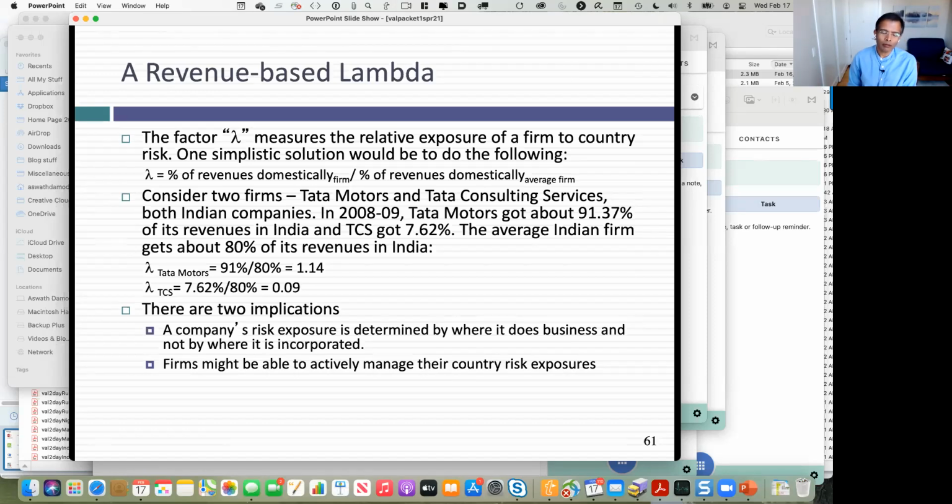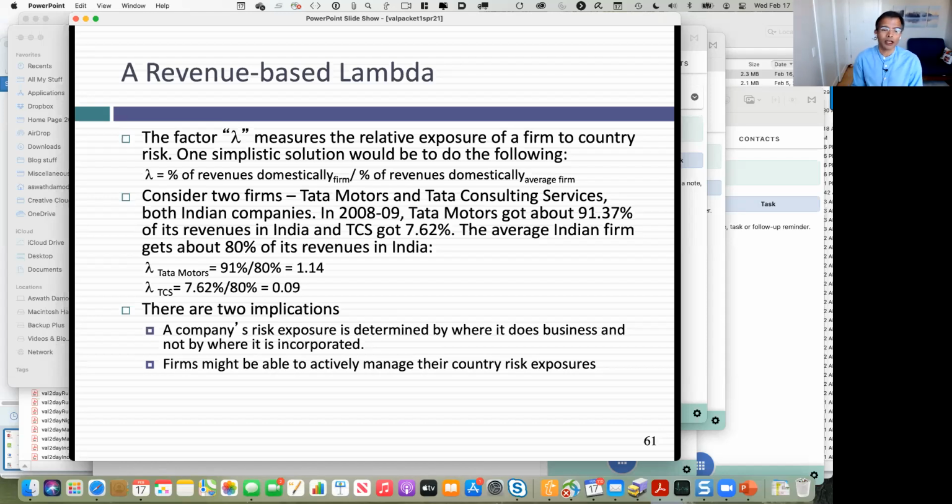So in the context of the Tata Group, which is an Indian group, you have Tata Motors, which is an Indian company, and Tata Consulting Services, which is part of the same group. But here's the difference. Tata Motors gets 91% of its revenues, this is in 2008, in India. Tata Consulting Services gets about 8% of its revenues in India.